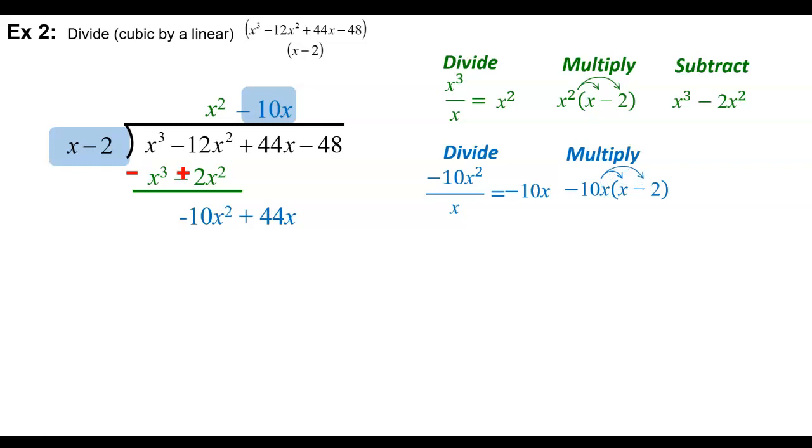X times x is x squared. Okay, and the negative 10 stays there, so negative 10x times x is negative 10x squared. And then negative 10x times negative 2, negative times a negative, positive. 10 times 2 is 20. Don't forget the x.